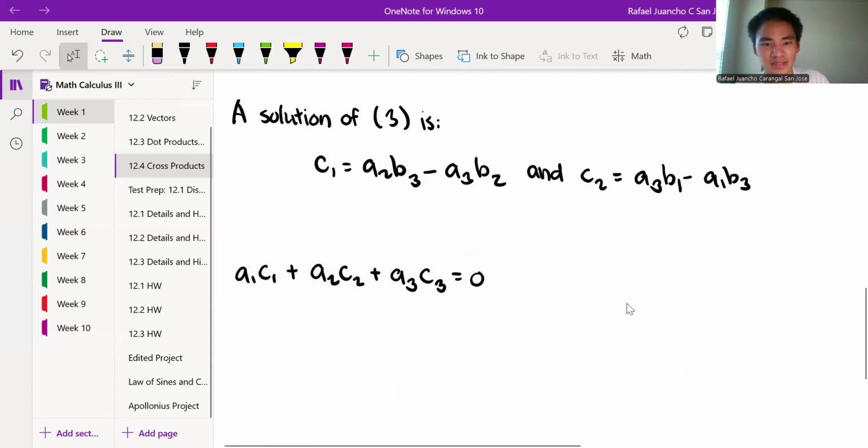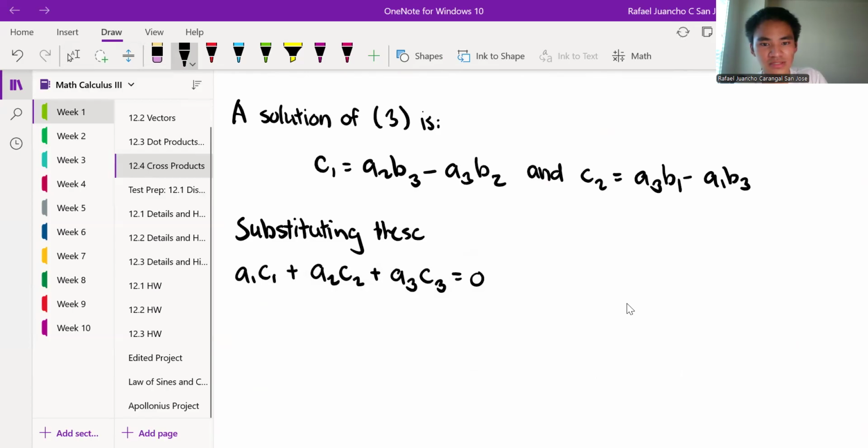Substituting these values into equations 1 and 2, we got this one.